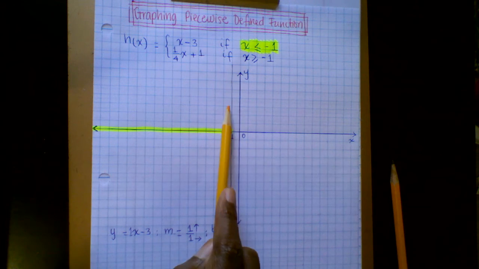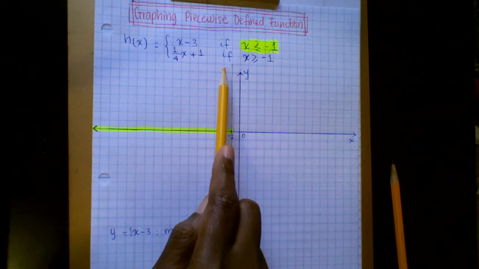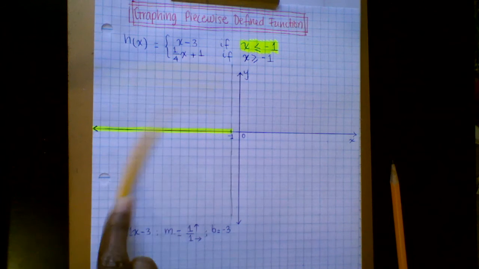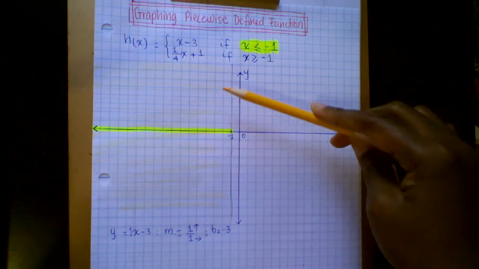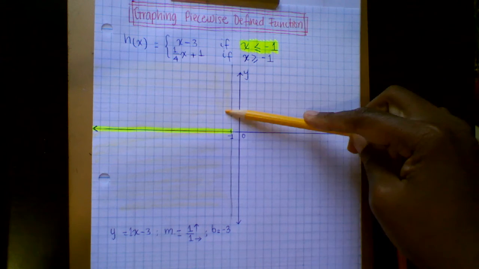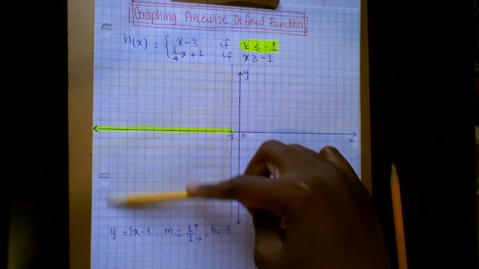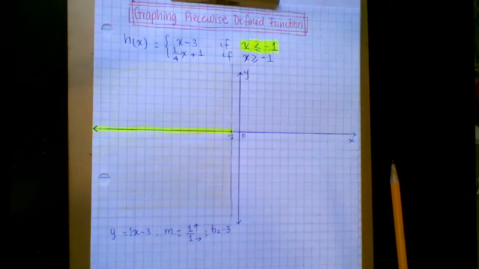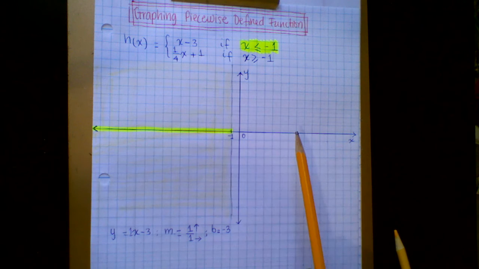I'm going to shade this region so you can visually see where the line you graph must remain, or be seen. We cannot pass the line x equals -1. That's also why I'm shading the region on the left: so you can remind yourself not to cross over this line.